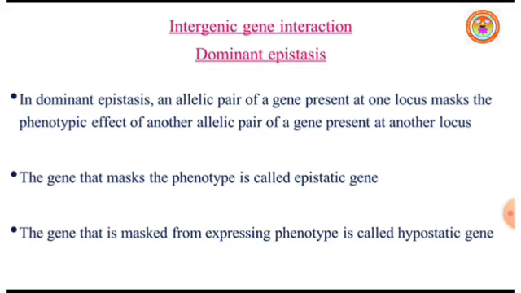Apart from that, due to the presence of an epistatic gene, which controls the effect of another gene, one gene masks or inhibits the effect of another gene. This epistatic gene is found in a different locus of a different gene. So interaction between the alleles of two different genes is called what?